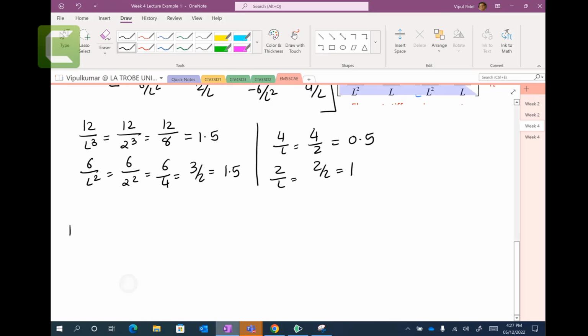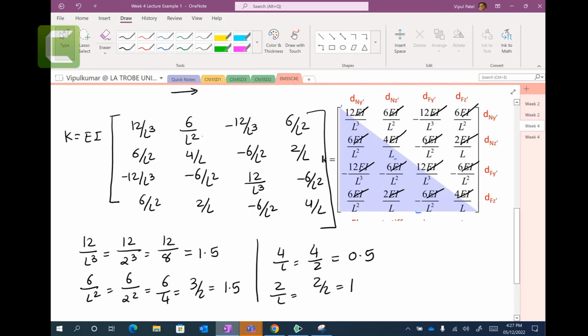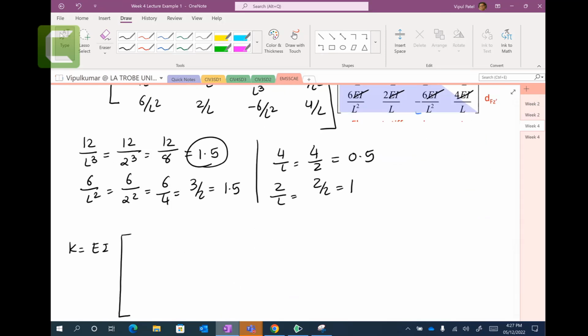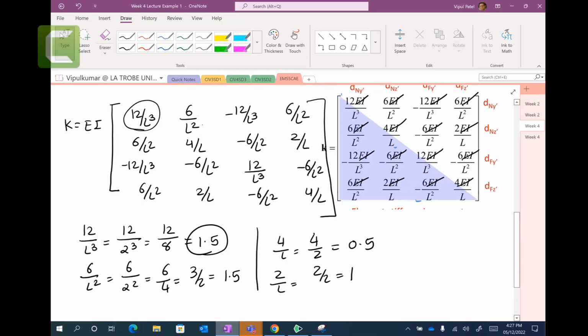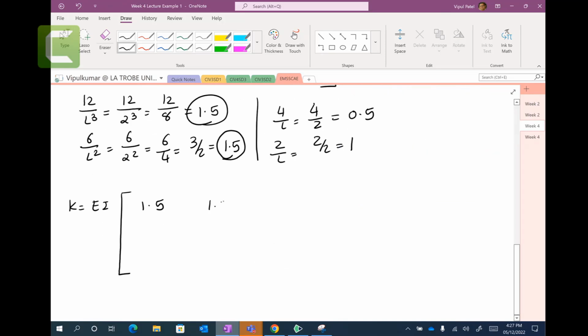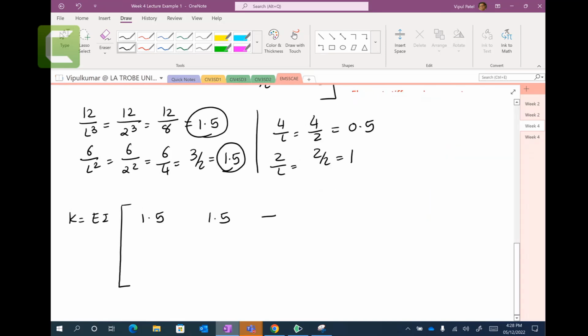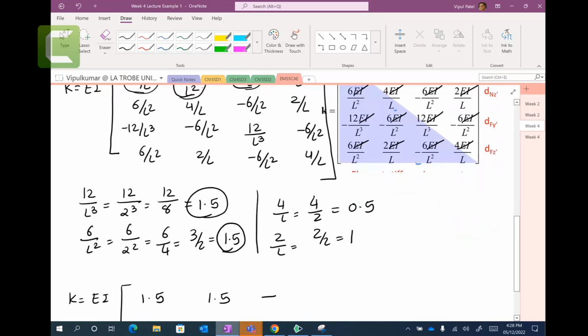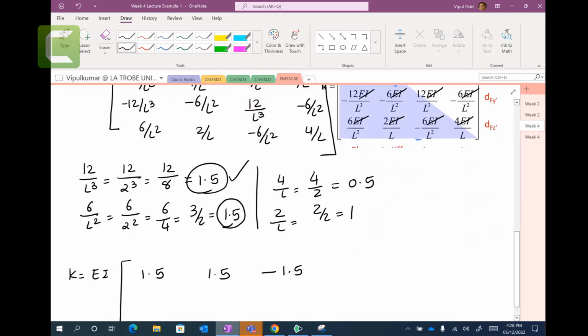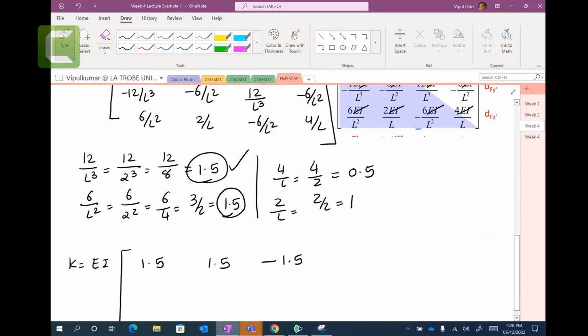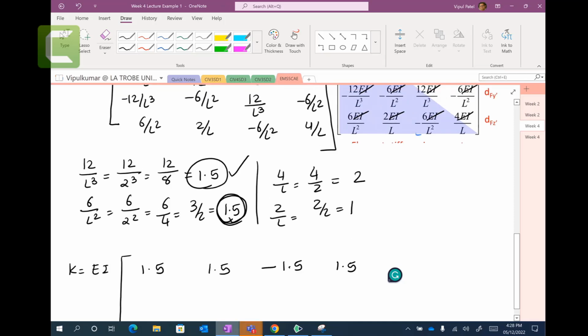So now let's substitute the values. K equals EI times: 12 on L cubed is 1.5, 6 on L square is 1.5, then with the minus sign, minus 12 on L cubed is minus 1.5. 6 on L square is positive, so 6 on L square, thank you for pointing it out.